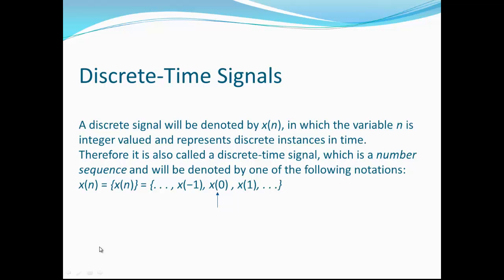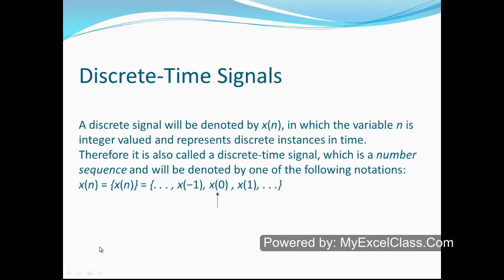So discrete time signals, as you know, are denoted by small x of n, in which the variable n is integer valued and represents discrete instances in time. Therefore, it is also called a discrete time signal, which is a number sequence, and it's basically denoted by this notation.